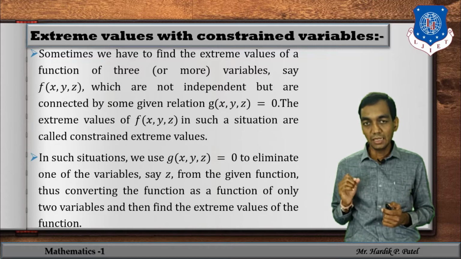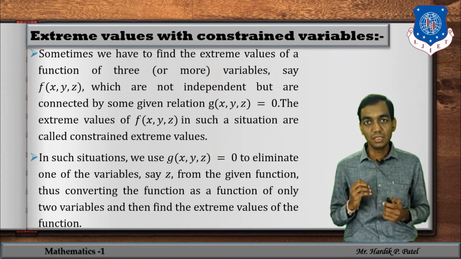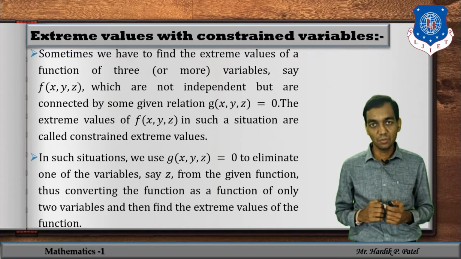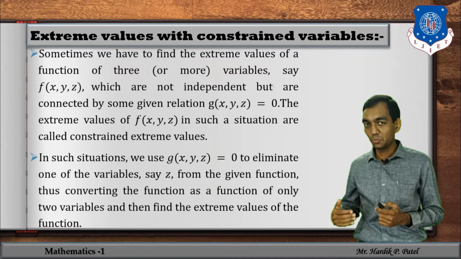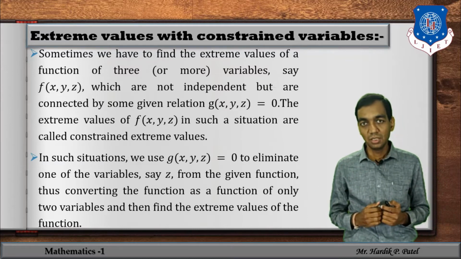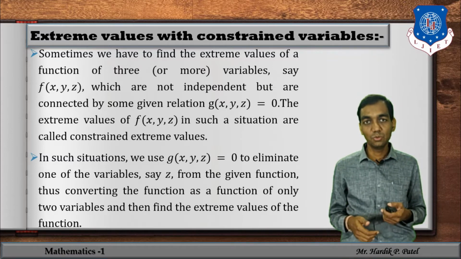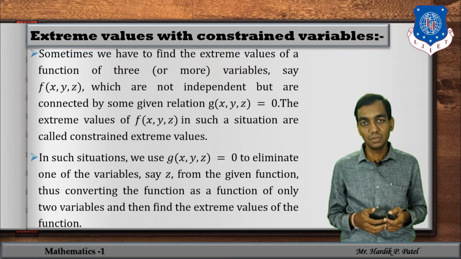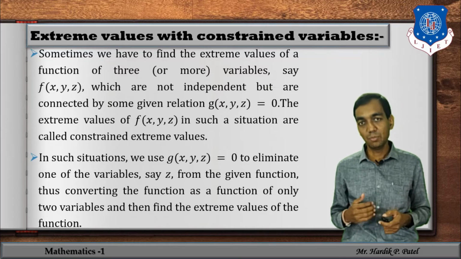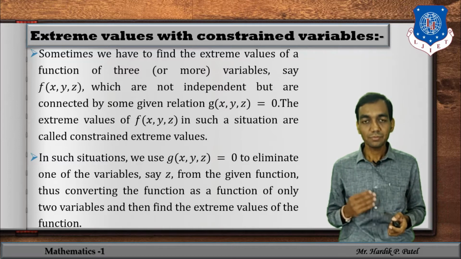In such a situation, g of x, y, z equal to 0 is used to eliminate one of the variables. Suppose we put the value of z from this equation into the original function, then we have a two variable function, and for that you can use the simple method of extreme values. In the same manner you can eliminate y also, or x also.